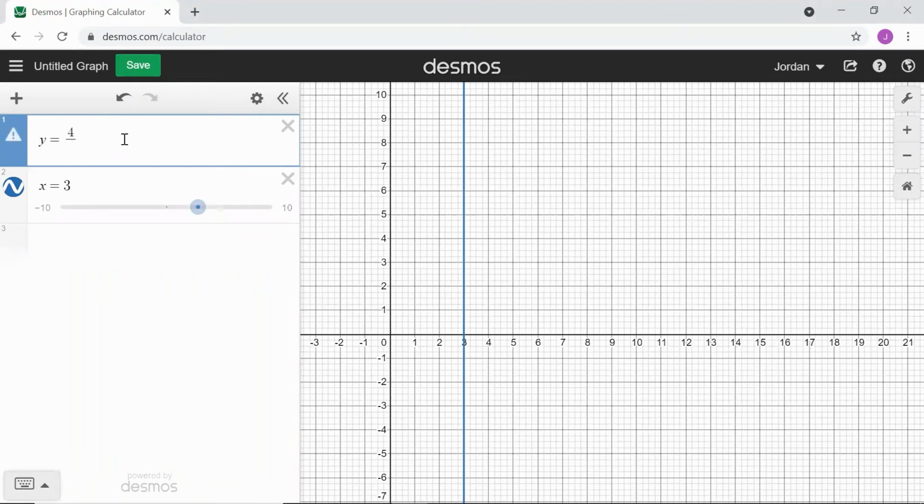Graphically means we're just going to graph the function 3x over 2x minus 14.